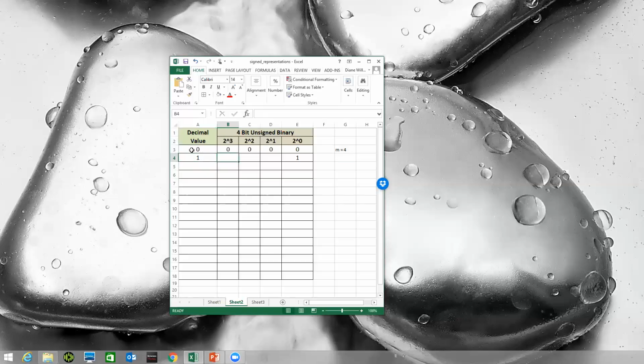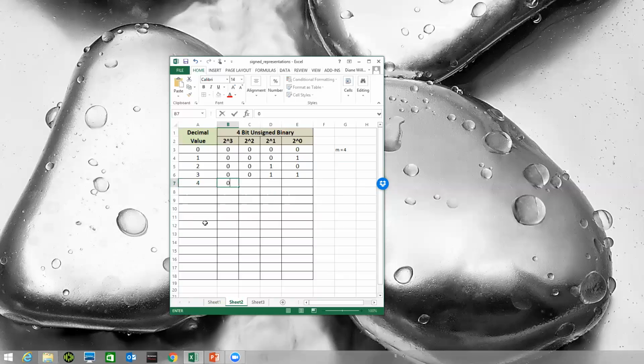We then represent the number 1 as 0, 0, 0, 1. Here's our next binary pattern. I'm going to be adding 1 every time. So the next unique binary pattern is 0, 0, 1, 0, and that represents the number 2 in decimal. Then we want to represent the number 3. Here's 3, and so on.